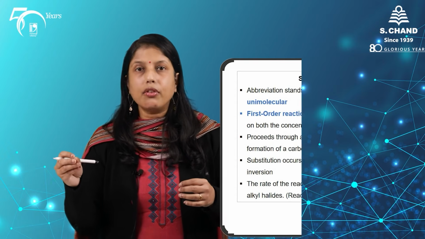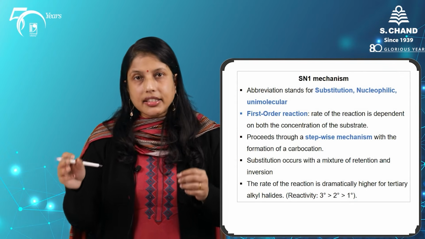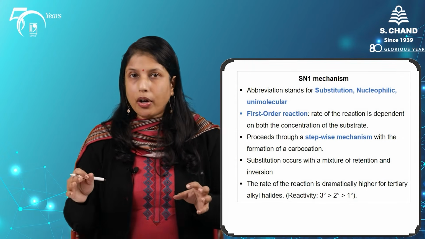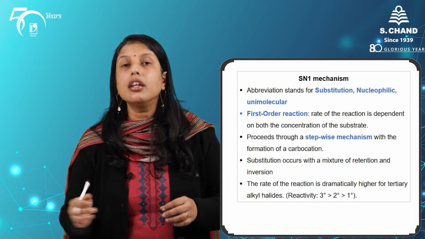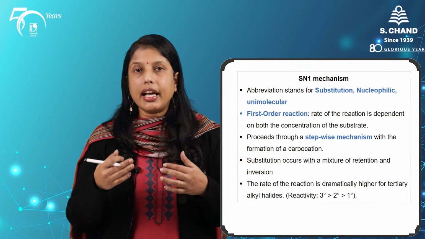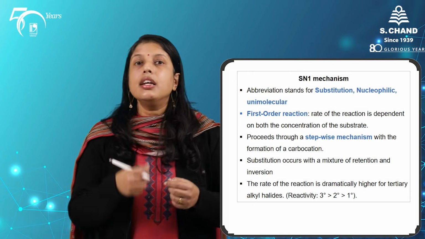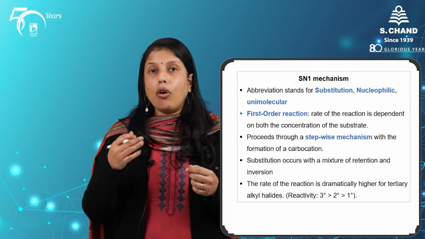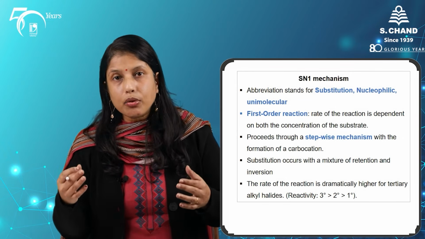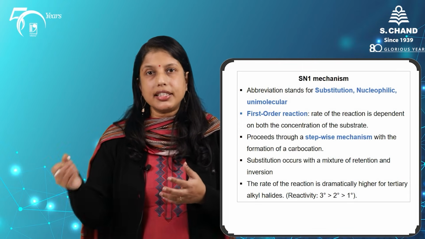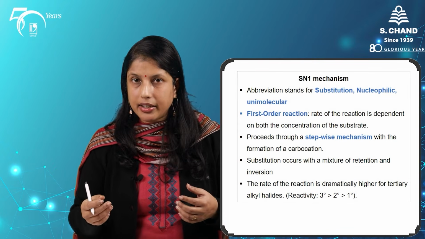And that is why, like I've said before, our tertiary alkyl halides are so reactive by the SN1 mechanism. Resonance stabilization, whenever possible, for this carbocation will also favor an SN1 mechanism. The SN1 mechanism also works best in polar solvents. Why? Because they stabilize our carbocation.